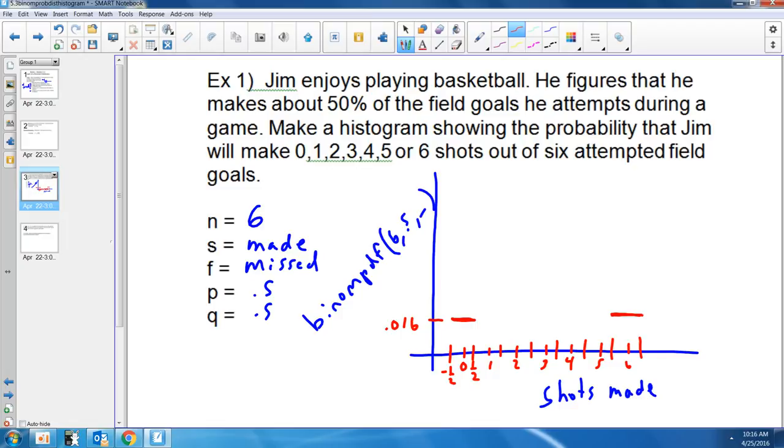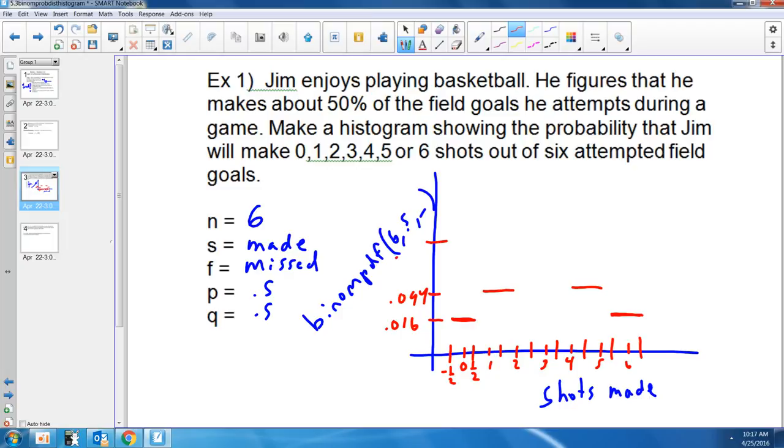Secondly, if you make 1 or 5 shots, again, because it's 50%, it's symmetrical, and so that's going to be a different one, 0.094 or 9.4%. That's going to be like this. Now, it's not going to bother me too much if these aren't equally spaced as you do the numbers. If you show me the exact numbers, then that's what that reflects.